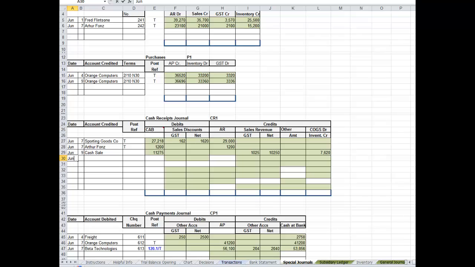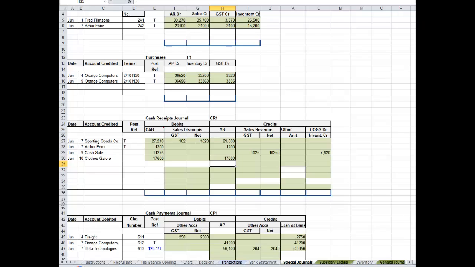And we go June 10, Clothes Galore. And cash at bank was $17,600. And this was purely payment of accounts receivable.